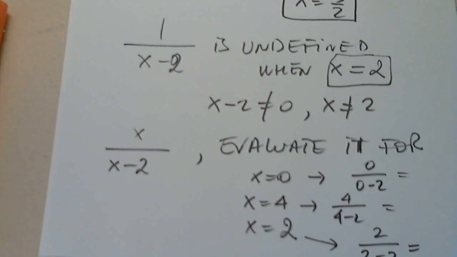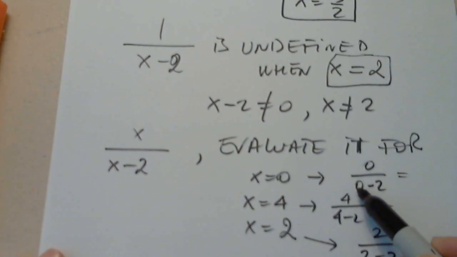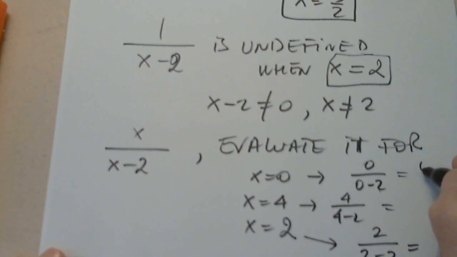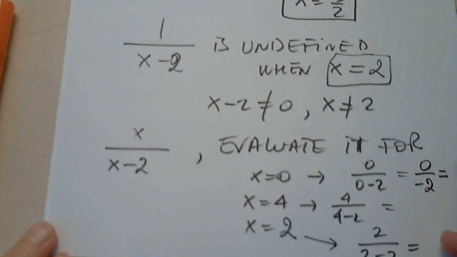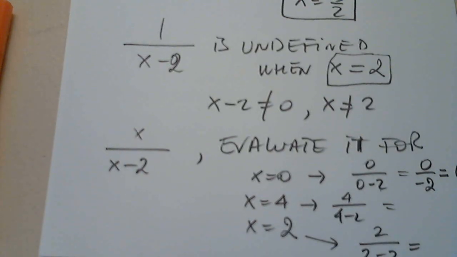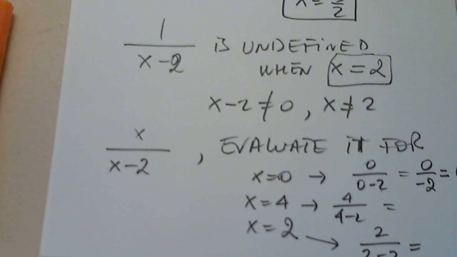Good. So what now? What do we get in the first, 0 over 0 minus 2? What is the answer? 0 over 0 minus 2 is 0 divided by negative 2, which is 0. Yes, perfect.